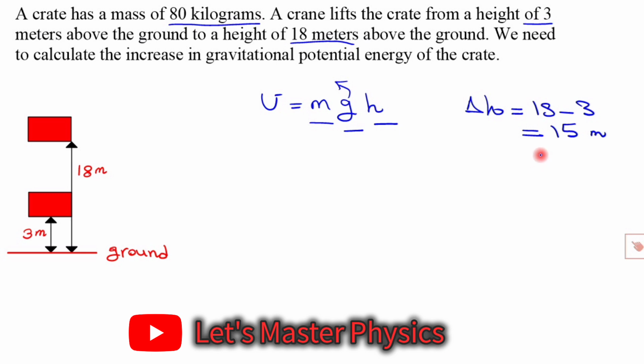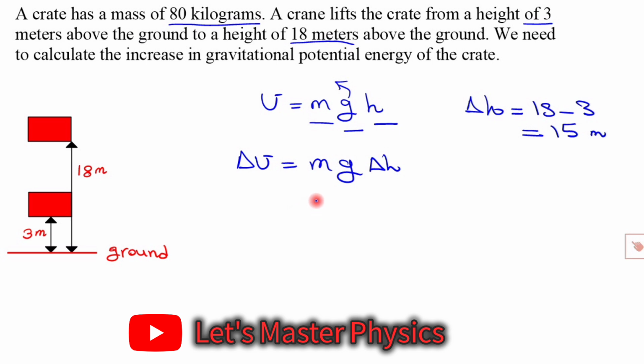Now we can use the formula for gravitational potential energy. However, since we are calculating the increase in potential energy, we'll use the change in height, delta h, instead of the absolute height. The formula becomes delta U equals m times g times delta h.